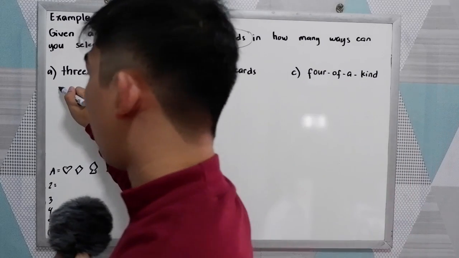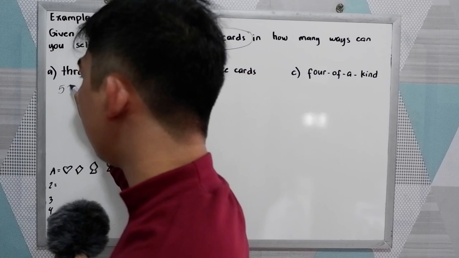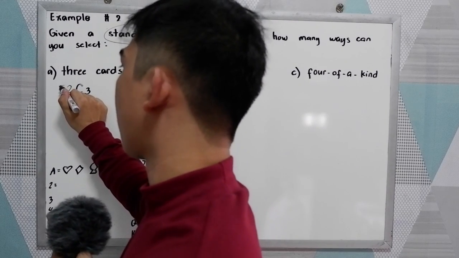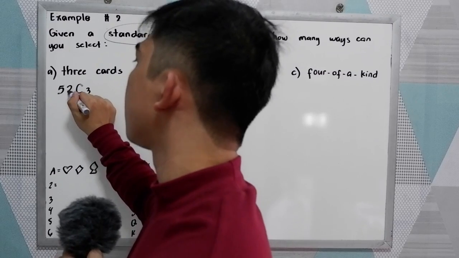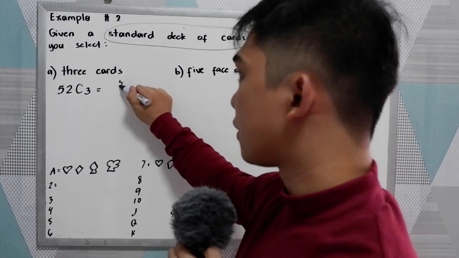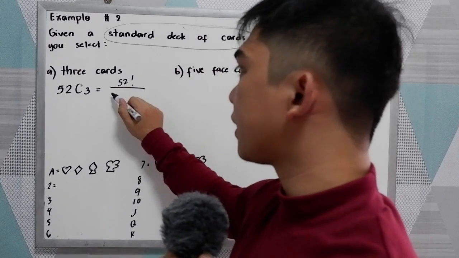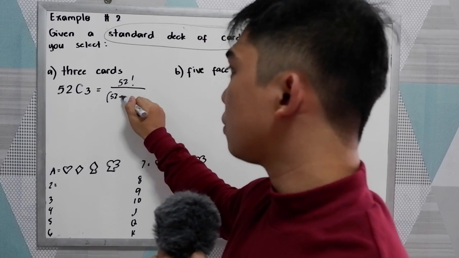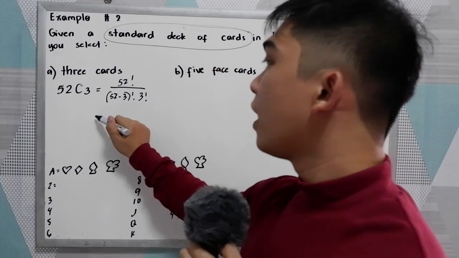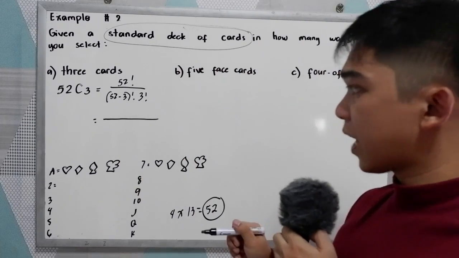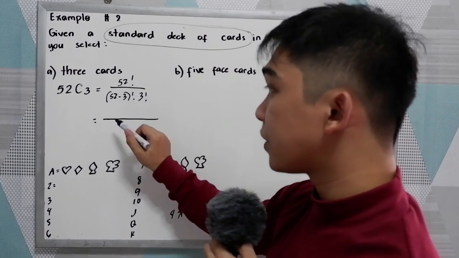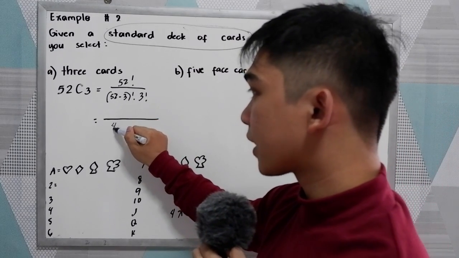So that is 52C3. Now that is defined as 52 factorial over 52 minus 3 factorial, 3 factorial. Now let me teach you the shortcut if you don't have a calculator. So 52 minus 3, that is 49.